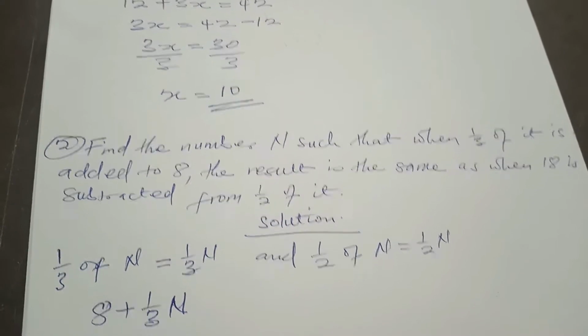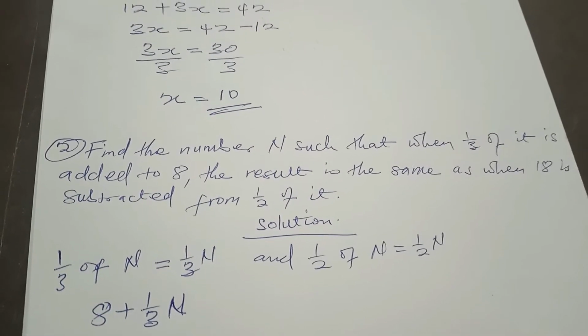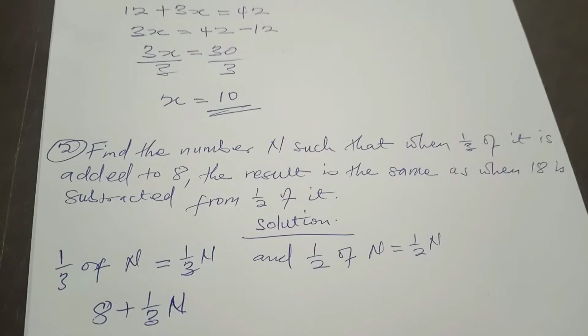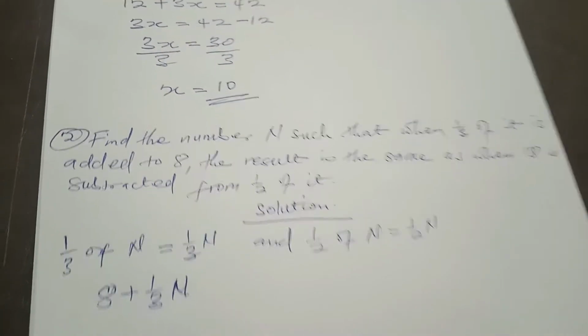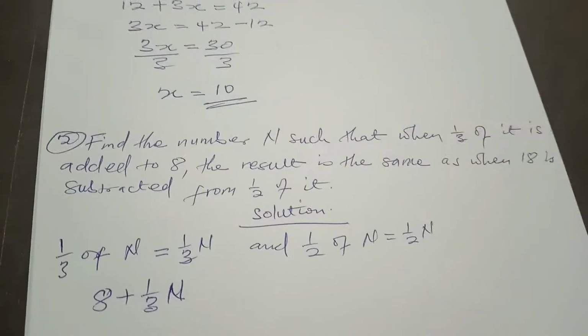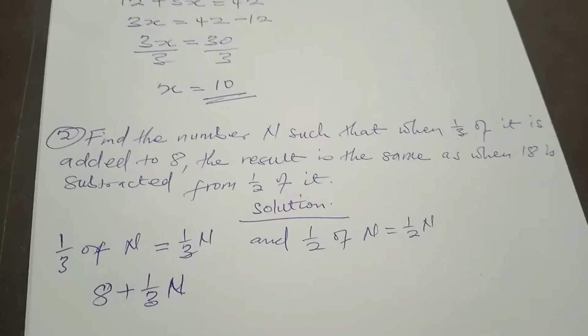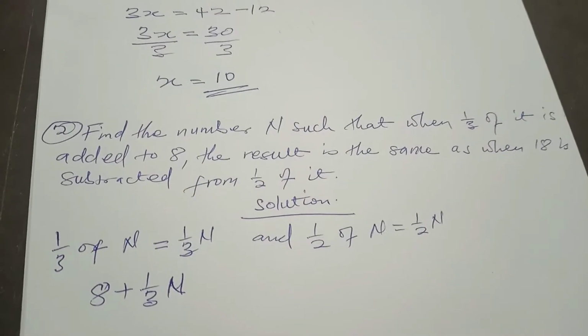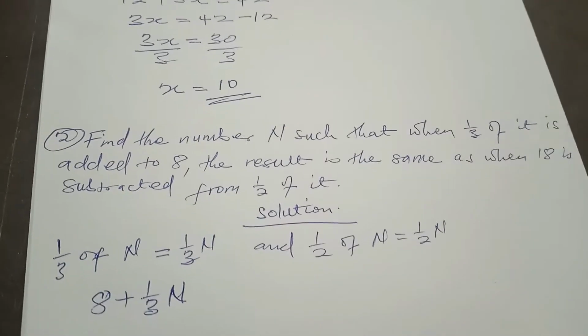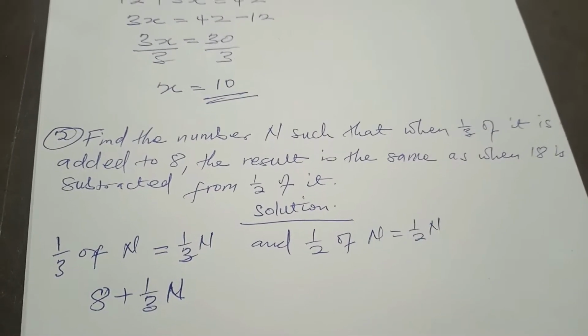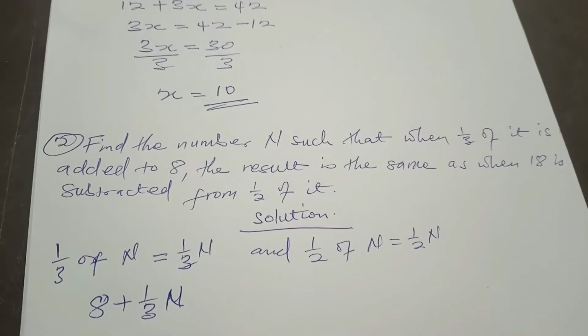The result is the same. So that is equal to, anytime you say the thing is, or is the same as, it means it is equal to. So the result, meaning when we add these two, is the same as when 18 is subtracted from 1/2 of it.